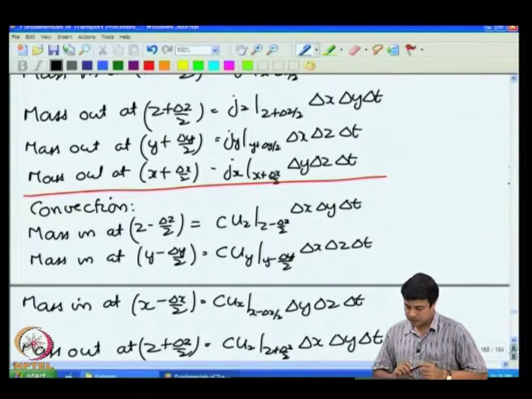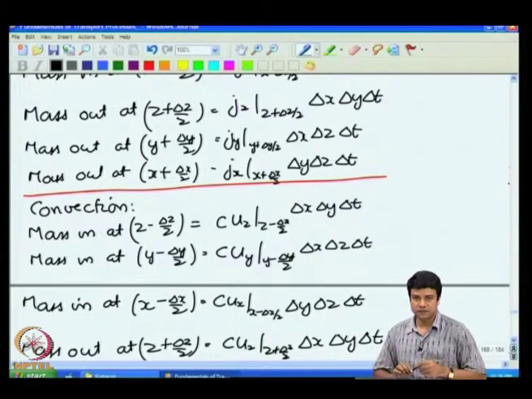Because of that, I can write down the expressions for just the fluxes alone, and for the terms due to convection, I just need to substitute Cux for Jx, Cuy for Jy, and Cuz for Jz. In this particular case, I will substitute C times Ur for Jr, C times U theta for J theta, and C times U phi for J phi.